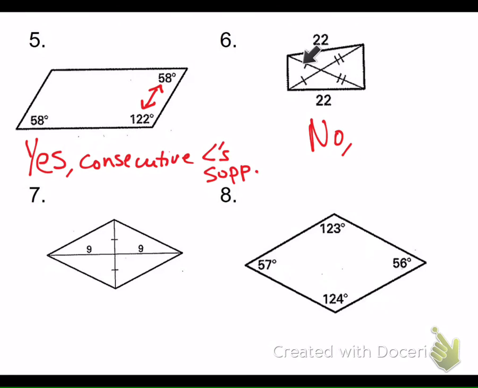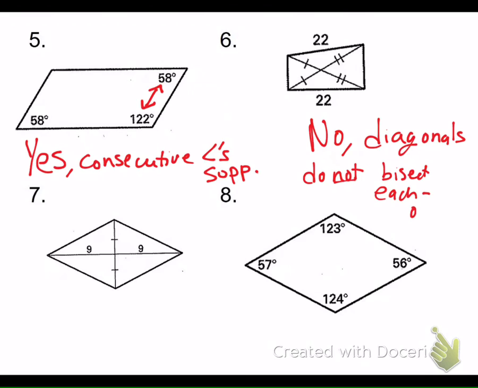So this one and this one, this one and this one, if they bisect each other. So this is going to be a no. Diagonals do not bisect each other. Is each other one word or two? I think it's two, actually. Two. Thanks, not an English teacher.